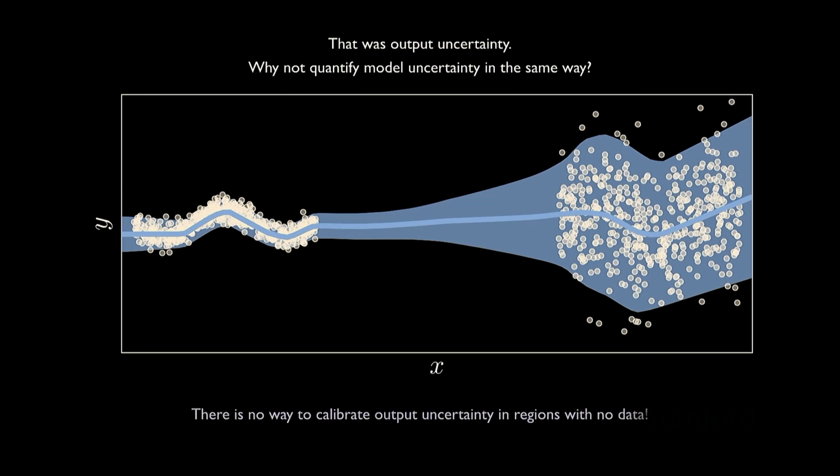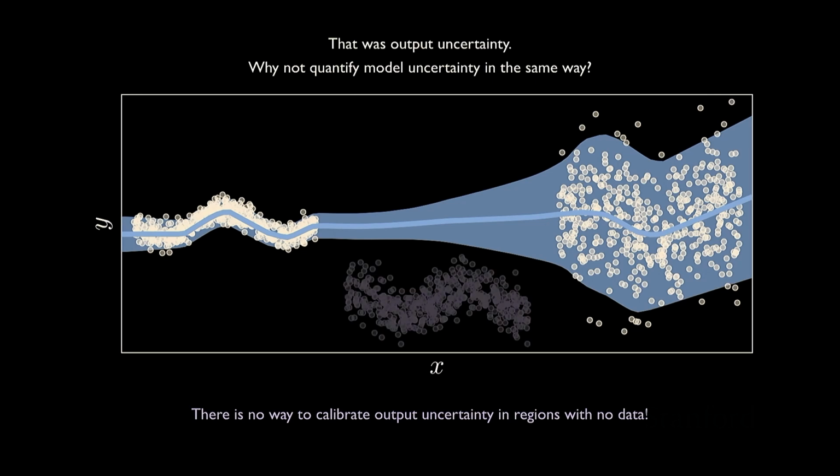And so there's no reason to expect our uncertainty estimate to be calibrated in this region because we have no data there. And so maybe the data we were missing actually looks like this. And we have no reason to believe that couldn't be the case, and we just don't know. So we can't expect our uncertainty estimate that we predict using output uncertainty methods to actually be calibrated and also allow us to predict model uncertainty.